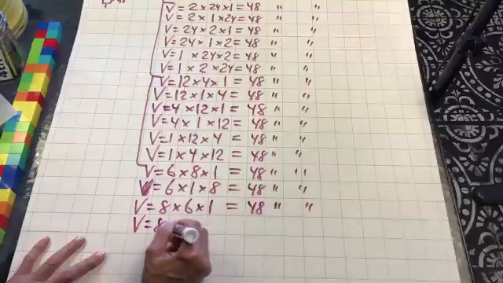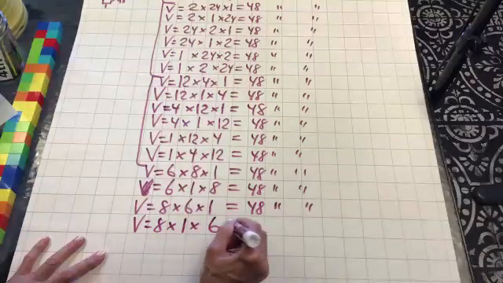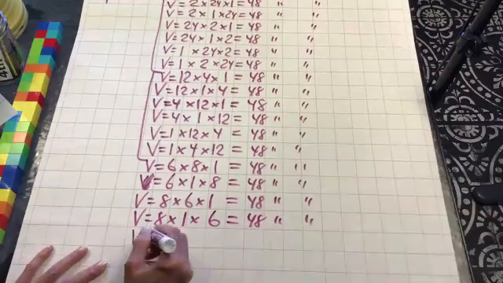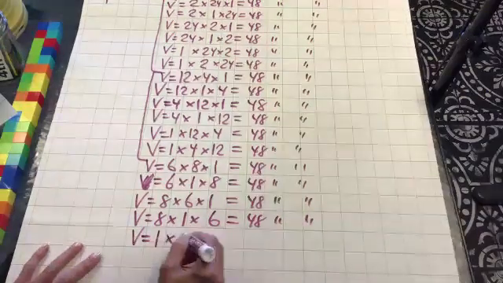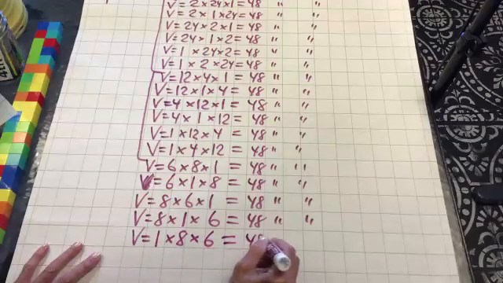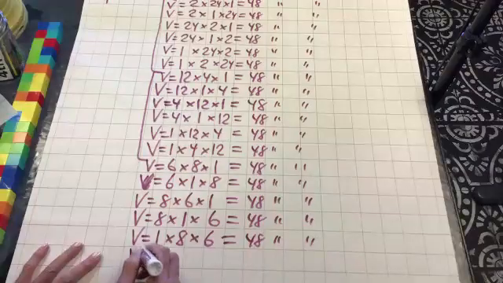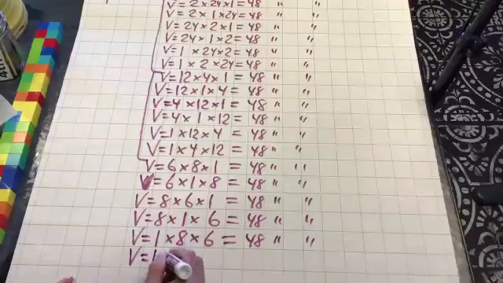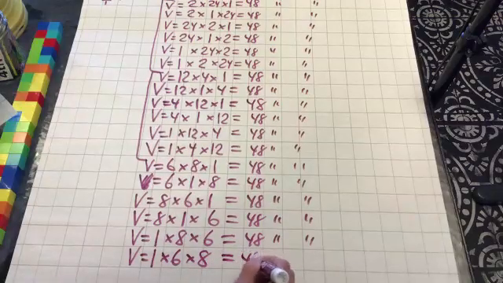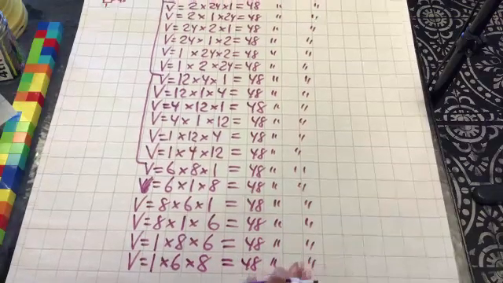And we have an 8 by 1 by 6 equals 48 cubic units. And then we have a 1 wide by 8 deep by 6 tall equals 48 cubic units. And then we have a 1 wide by 6 deep by 8 tall equals 48 cubic units.